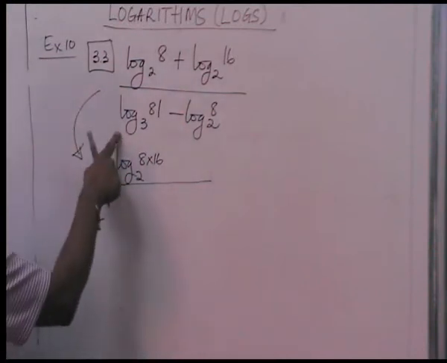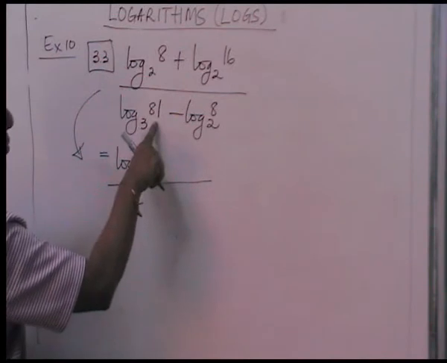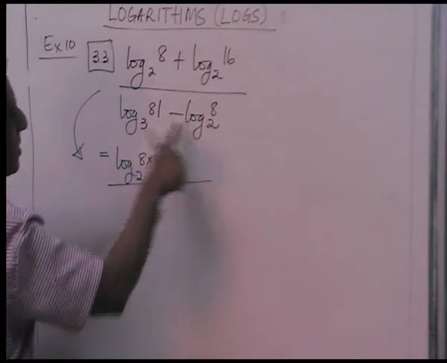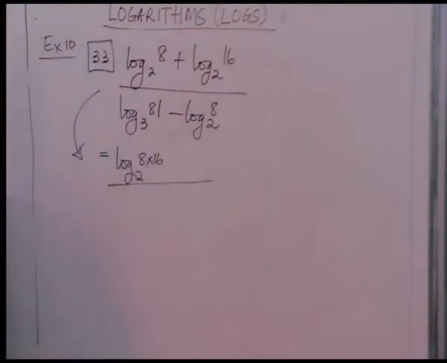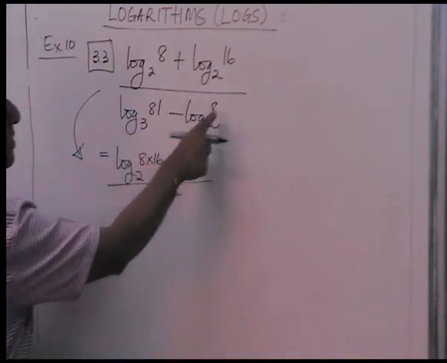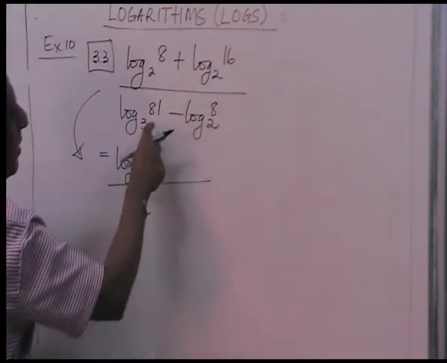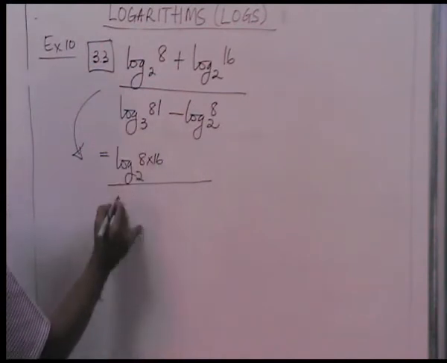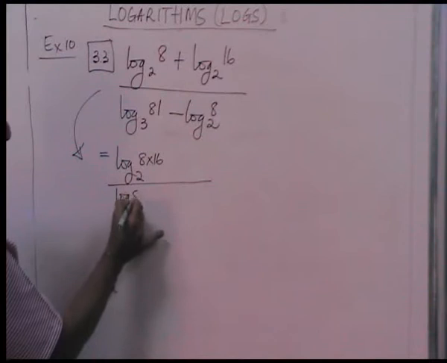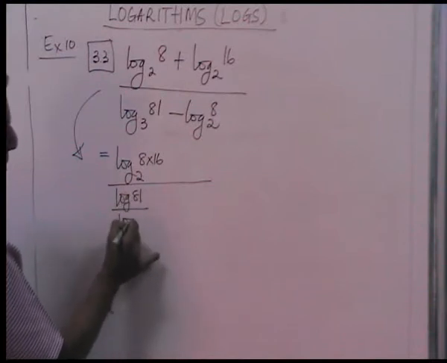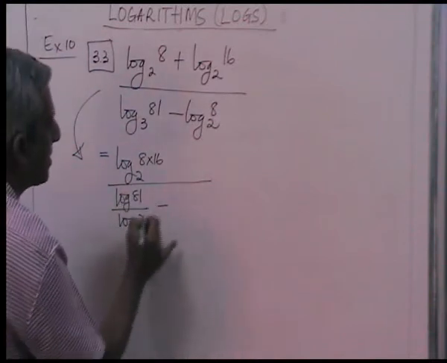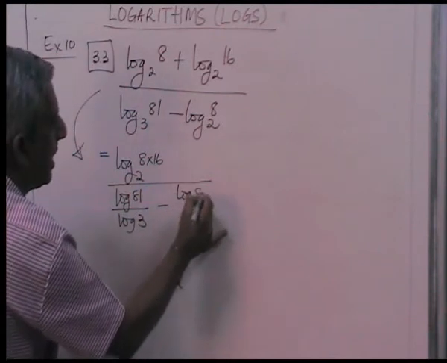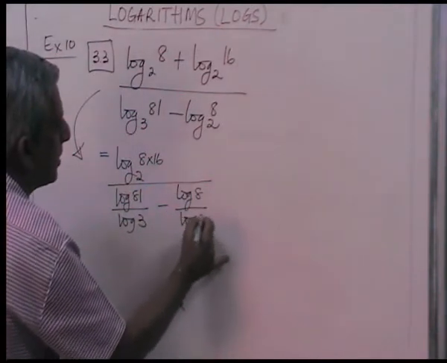Now down here, I cannot use the rule a minus b because the bases are different, so I have to do each one separately. So I'll change base here. I'll make it log 81 over log 3 minus log 8 over log 2.